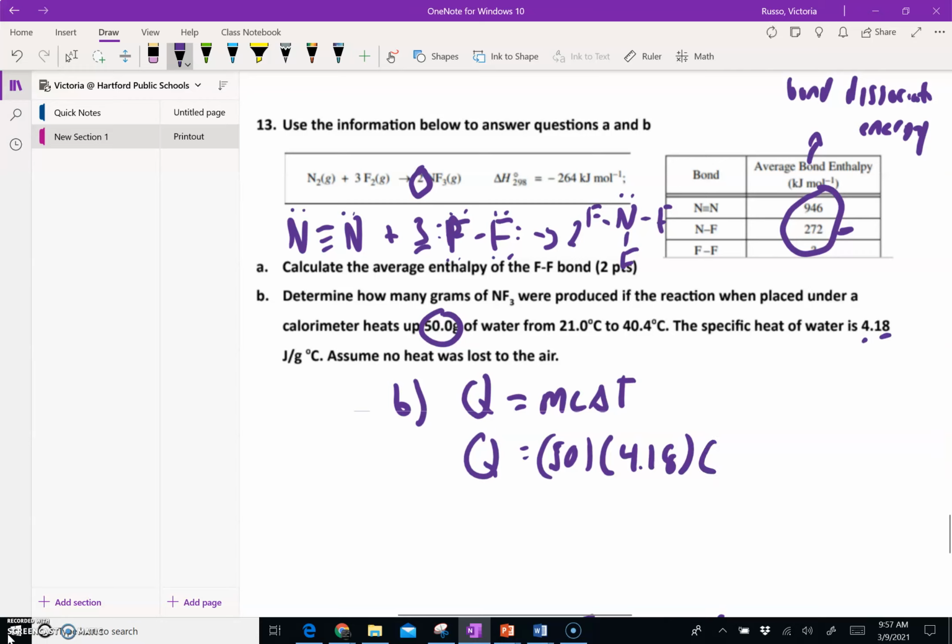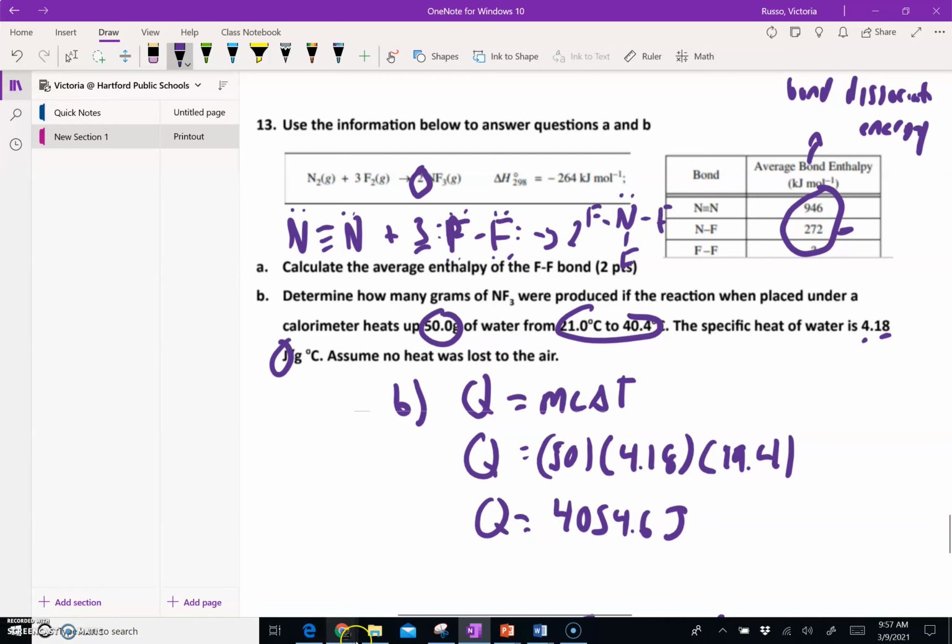To get the temperature change, we subtract these two, which is 19.4. When you do this multiplication, you get 4,054.6 joules. This is in joules because the specific heat is in joules.